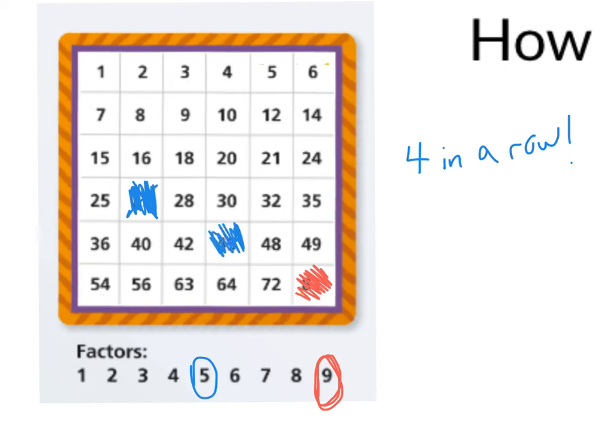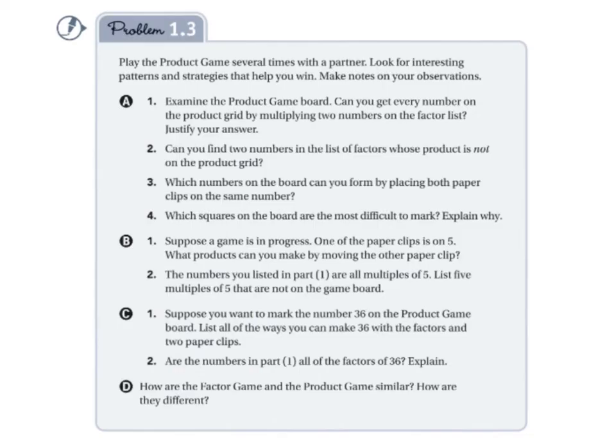So I see, okay, what's near this red? I have 70. Ooh, I know that 9 times 8 is 72. So I get 72. It's odd playing myself, but you go back and forth moving only one marker at a time until you get 4 in a row. 4 in a row equals the winner.